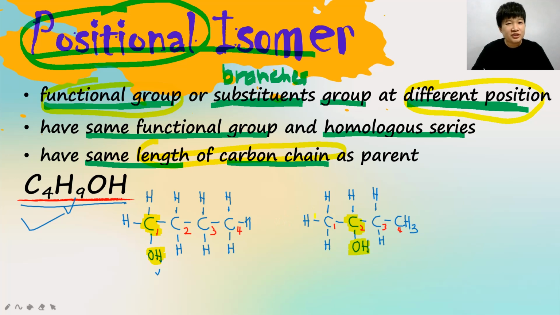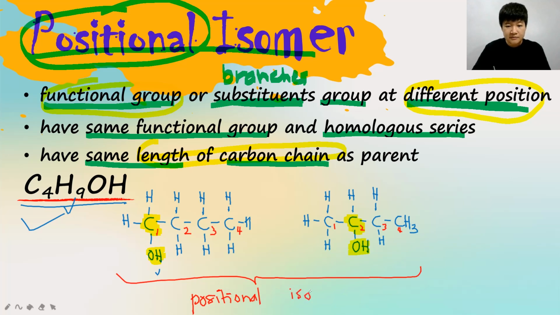So positional isomer: the functional group or the branches are changing position, but the rest of the thing remains the same. Simple. So this pair of structures is actually your positional isomer.